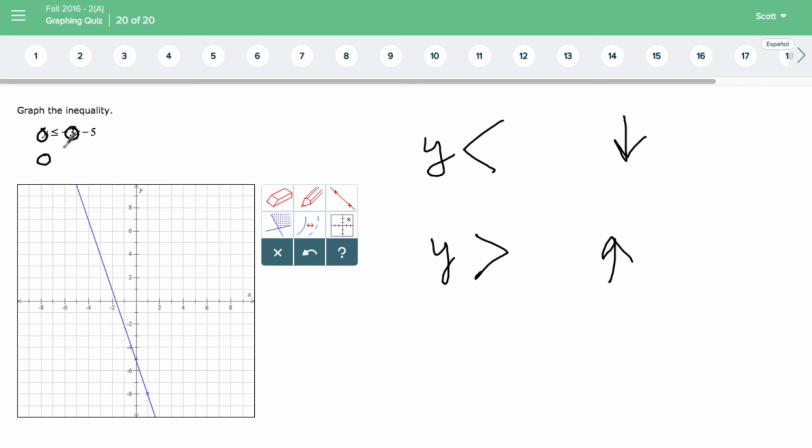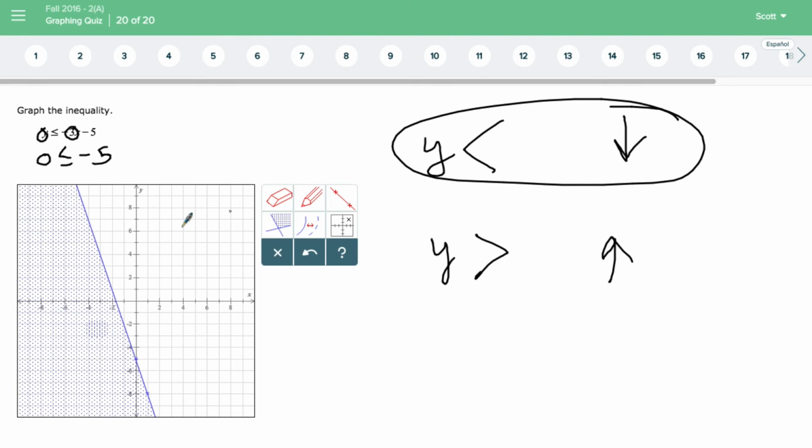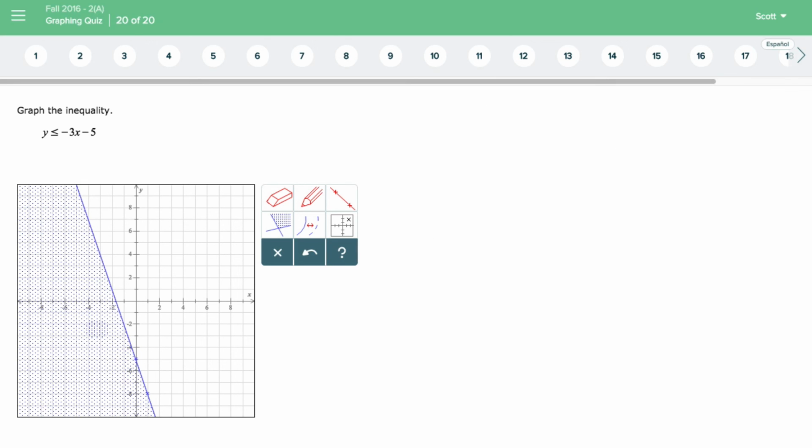So we have 0 is less than or equal to, what's left? -5. Is 0 less than or equal to -5? The answer is no, it is not. So that means 0, 0 is not part of the shaded area, so I'm going to shade the opposite side. Or if you think about it this way, we had less than, so we shade down. And that is why that side got shaded.